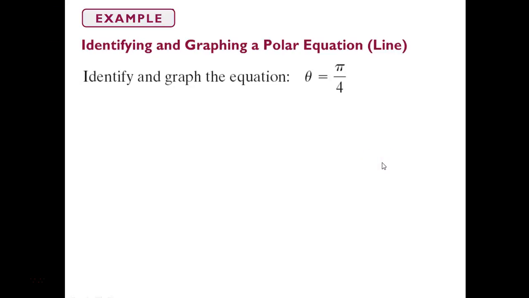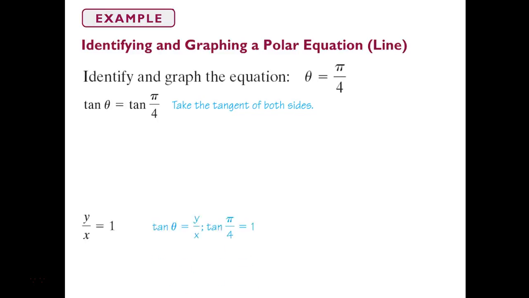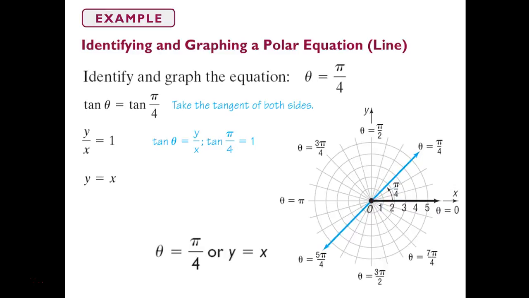The other way that's pretty easy to swap this over so that you know you're looking at a line is to take the tangent of both sides, because tangent is sine over cosine, which in our Cartesian plane for our unit circle is y over x. You're going to be able to look up what the tangent of any angle is, and then you would just multiply both sides. And so you're always going to wind up, if you have theta equaling an angle measurement, with a line that's a direct variation going through the center.